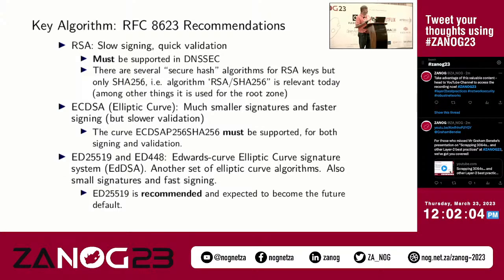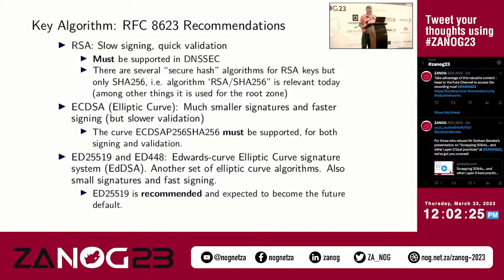Eventually convinced Namibia to change his key. He's been using algorithm 5 for an awful long time. He's now using algorithm 8. Algorithm 8 is what the root is currently signed with, and fortunately what a lot of people now are using from an algorithm point of view.